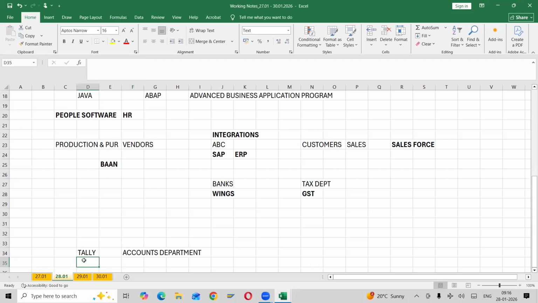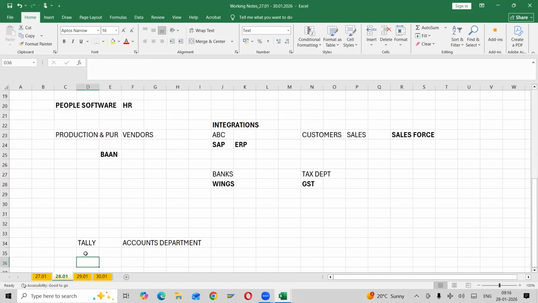So in Tally, we can't generate any HR related reports. Same way, if I want to generate any sales reports in Tally, we can't do it. I can only do punching of entries and generate profit and loss account, balance sheet, cash flows, and funds flows.